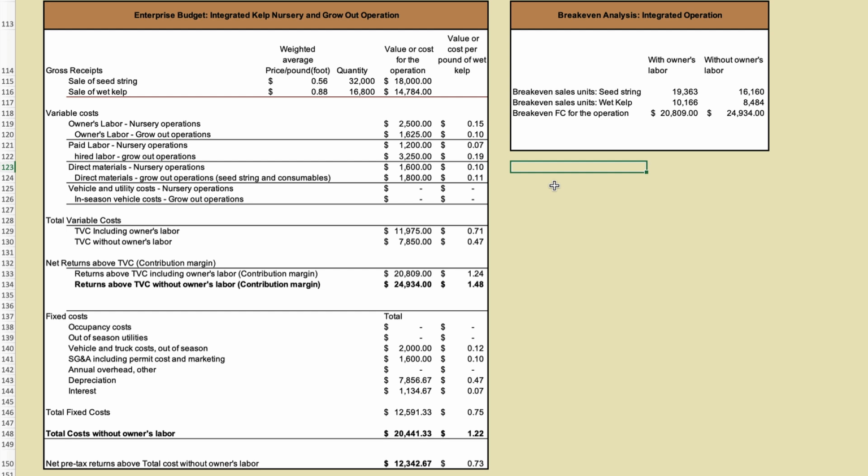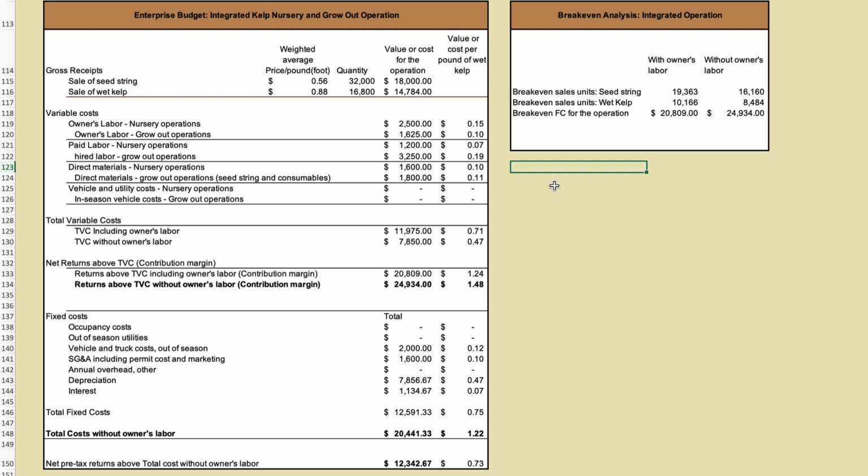Okay, so this integrated model is assuming that we are producing kelp. Although we're producing seed string along the way, the seed string is just a component part of the production of kelp.